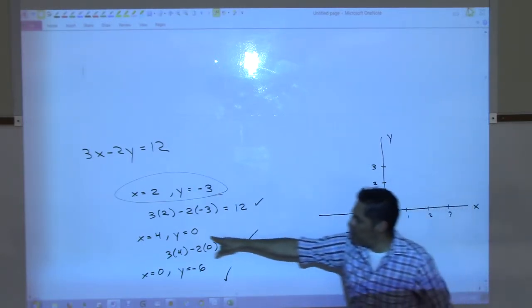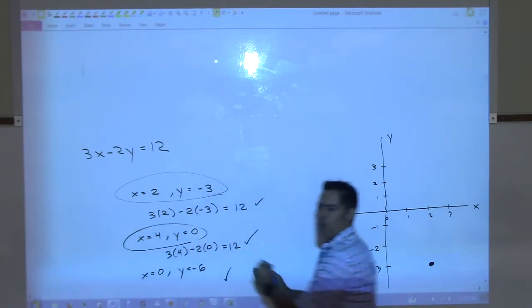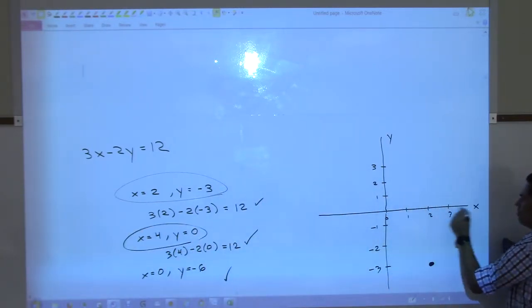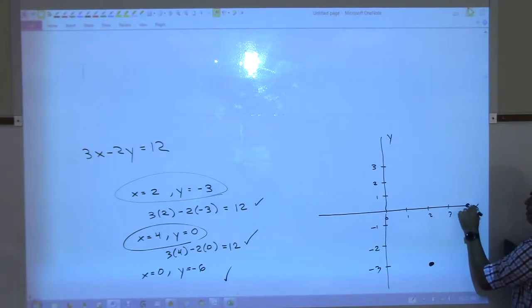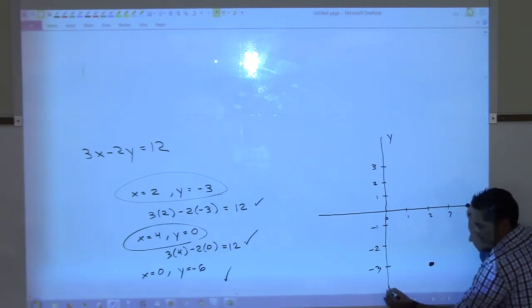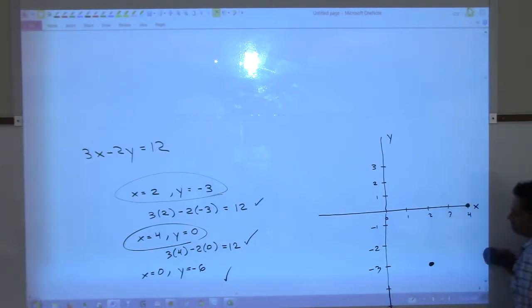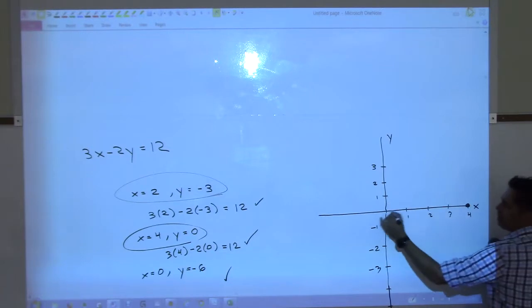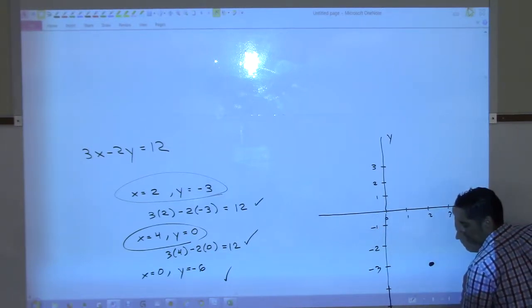And then this one would be another one, right? X is 4, y is 0. So we go out 1, 2, 3, here's 4. There we go, right? And then we have another one, 0, -6, which I'm going to go off the camera for sure. -4, -5, -6, right? So 0 on the x, down 6.